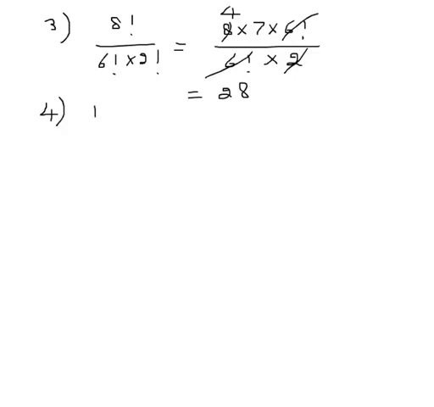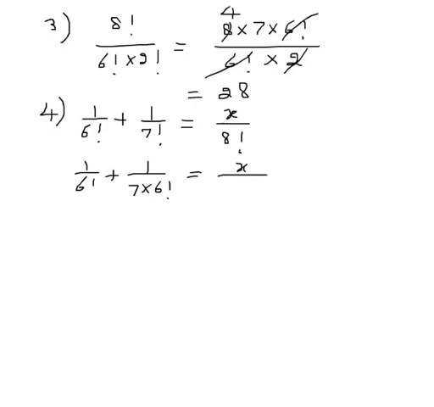Question 4. 1 divided by 6 factorial plus 1 divided by 7 factorial is equal to x divided by 8 factorial. Find x. Let us write 7 factorial as 7 times 6 factorial.